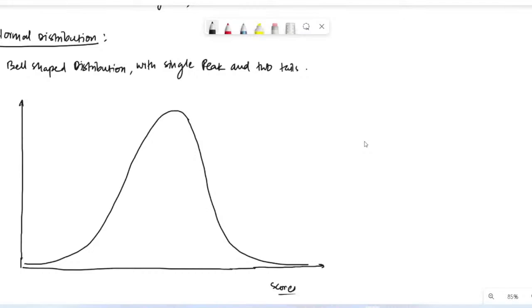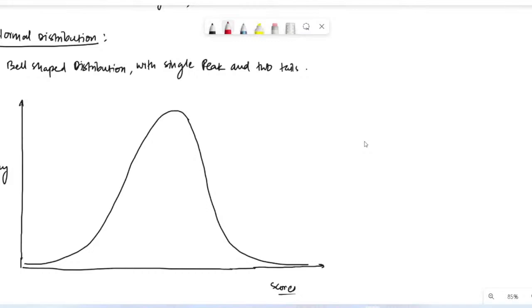I'm considering this as the score or marks of a student, and this is the frequency of the score within the interval, same as we learned in our histogram. Histogram is also a plot where there are intervals of the scores and you have the frequency, right? There will be one big peak here, and this peak denotes your most frequent value.